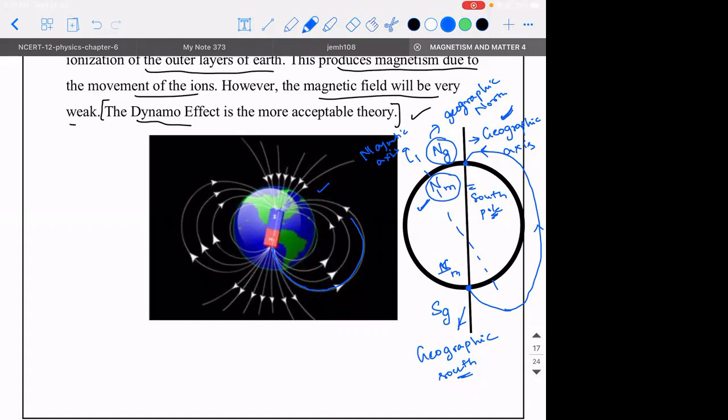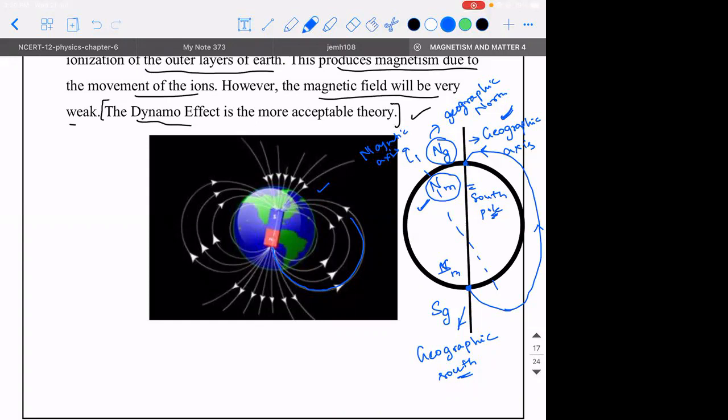Am I clear, guys? Before we see the three components I mentioned, the first thing you need to understand is what is the geographic axis and what is the magnetic axis. Please write it down. These are the first two terms we are going to learn.